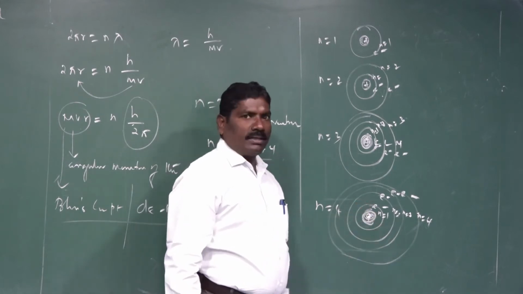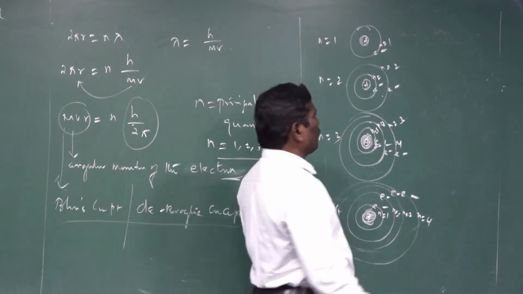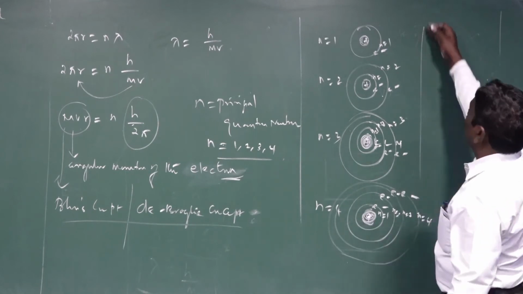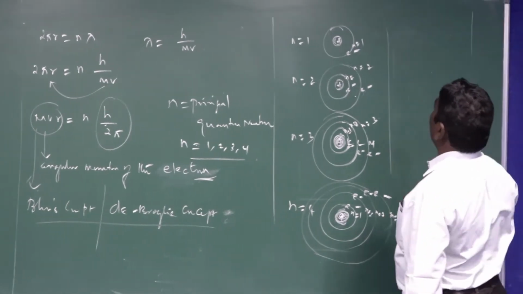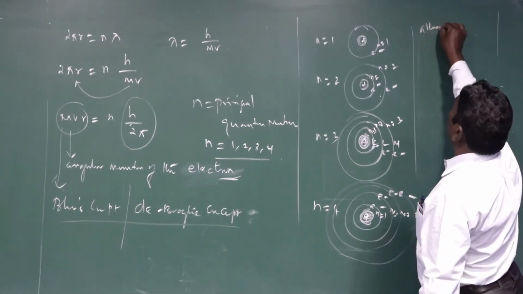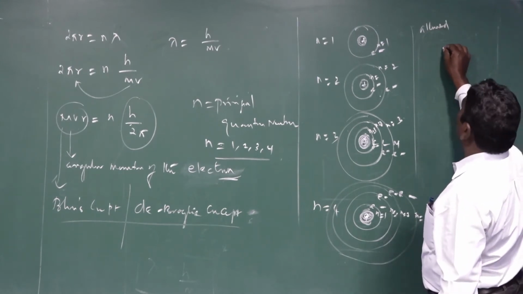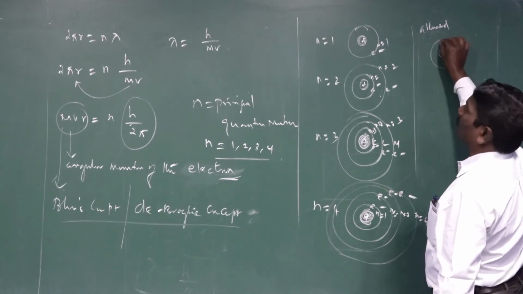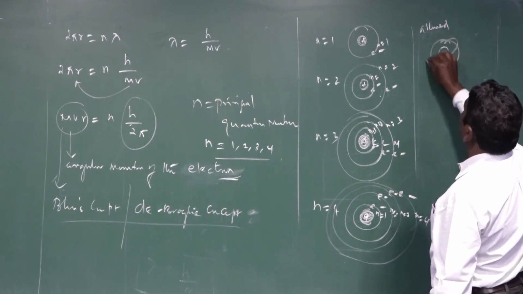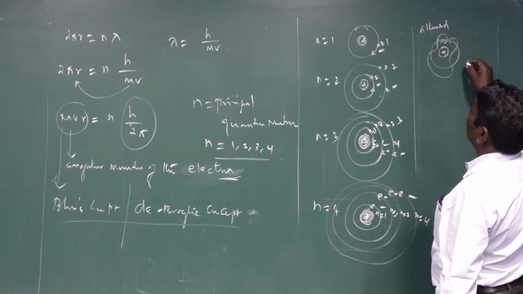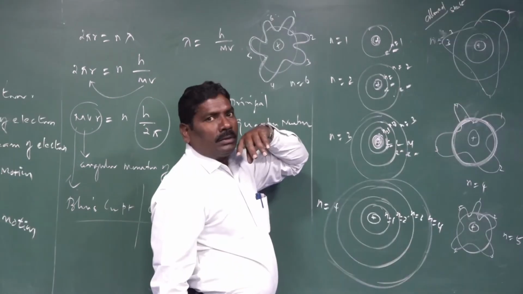In these cases, these are the allowed states for the electrons. This is the nucleus, this is the first shell, which is the waveform of an electron.